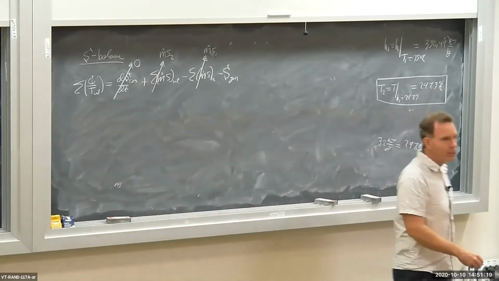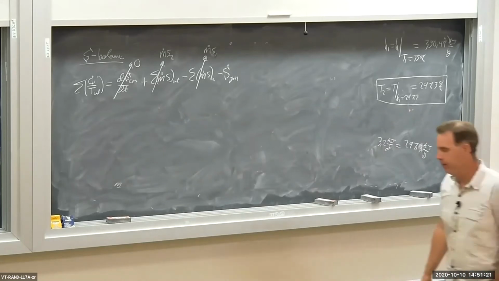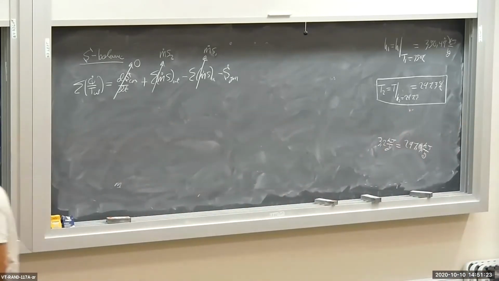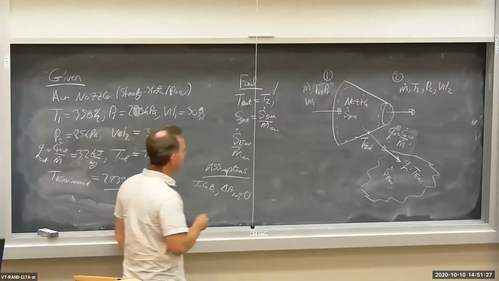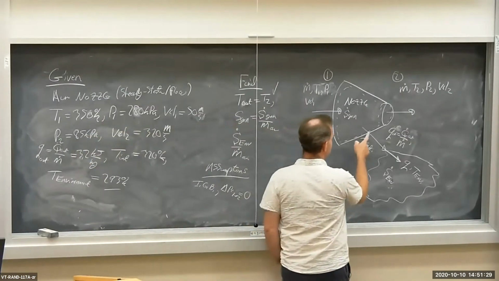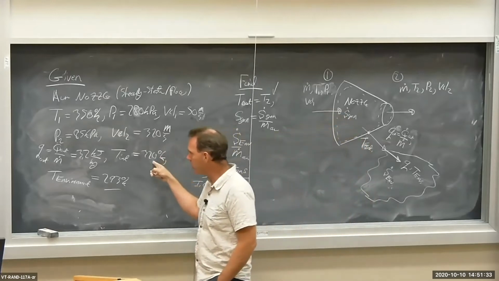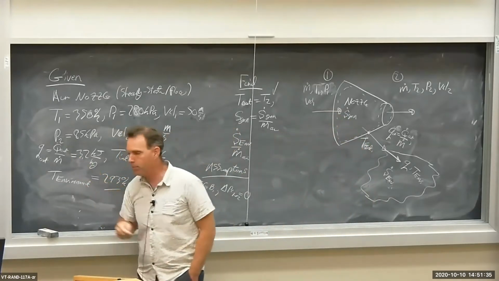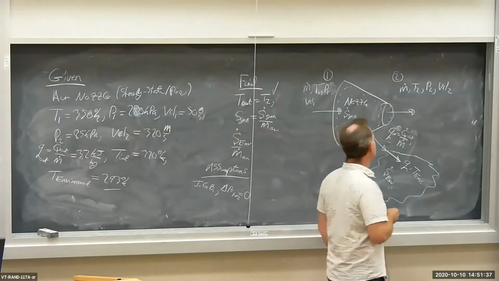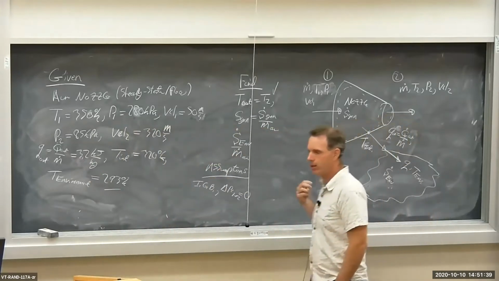How many heat interactions do I have? I have 1 heat interaction, and I'm given an interaction temperature. In fact, it's 320 degrees, and I have a heat transfer per unit mass out of my control volume, my nozzle.